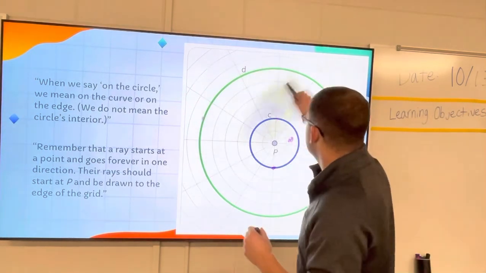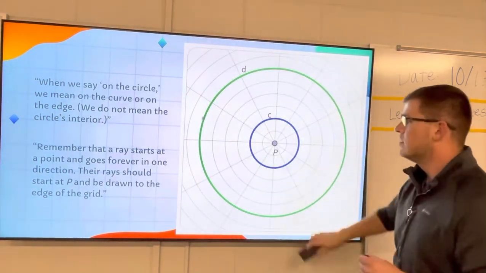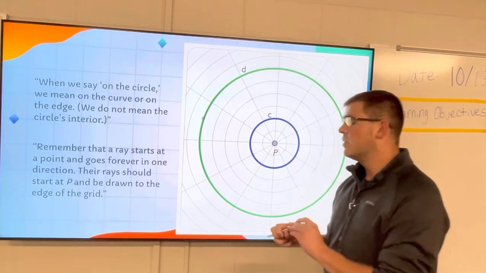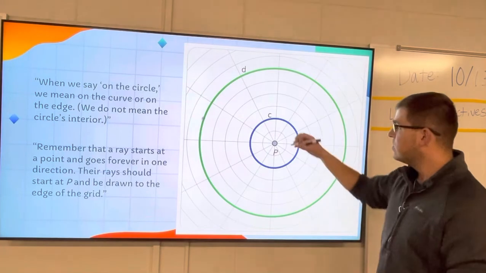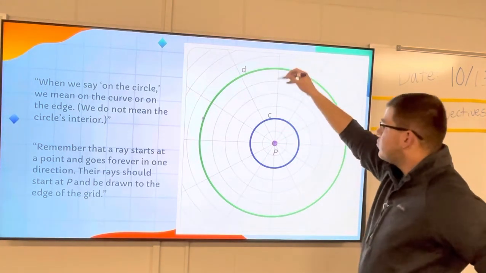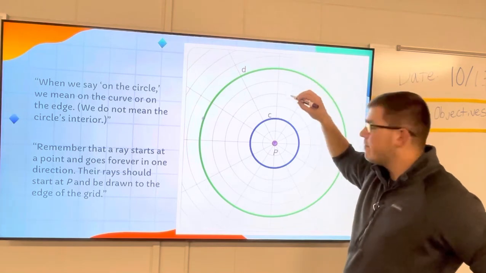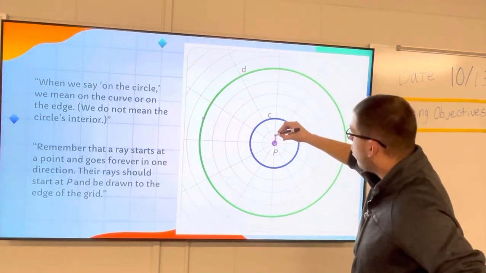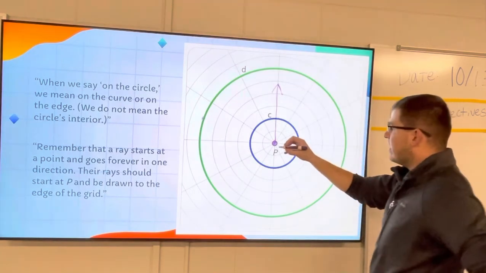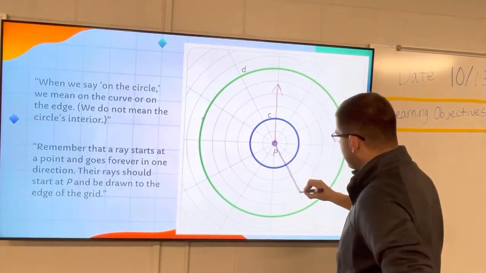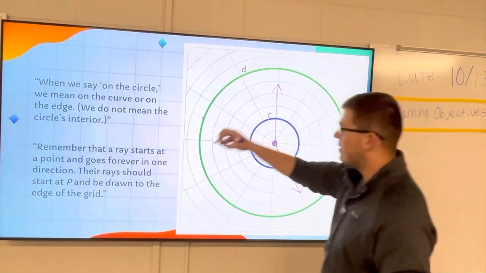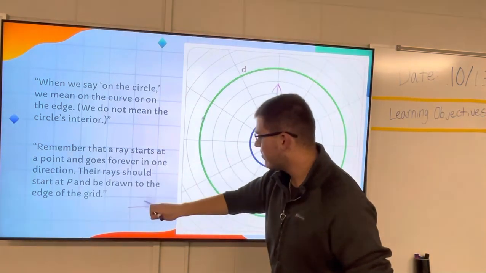And additionally, when I say that a ray starts at a point and goes forever in that one direction, all of your rays start at center point P. So imagine these straight lines that extend out through all of these circles. All of them extend from that center of dilation, point P. So a ray, you guys probably have seen it something like this.